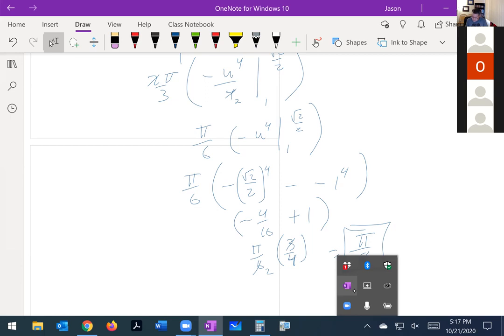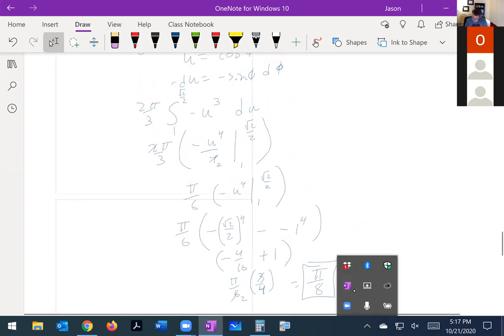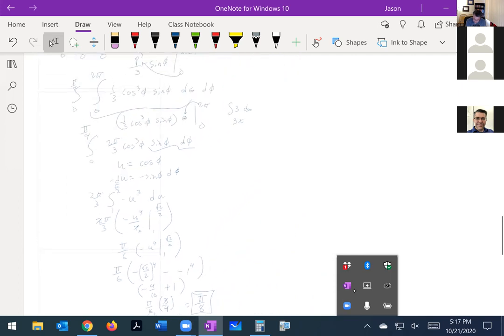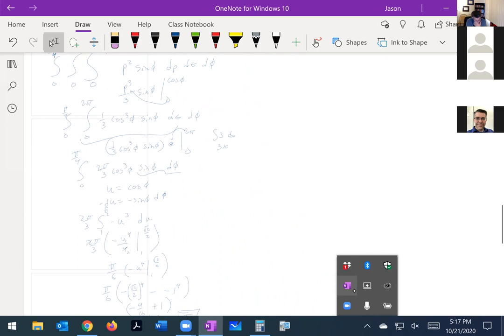I have a quick question about the last problem. Instead of doing the U sub, I was wondering if you could integrate by just doing negative, like if you take the 2 pi out and then you do negative 1 over 12 times cosine to the 4th, and then the pi, and then you do that from 0 to pi. Would that work? How far back are we going here?